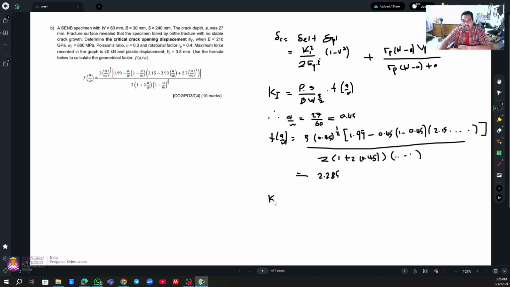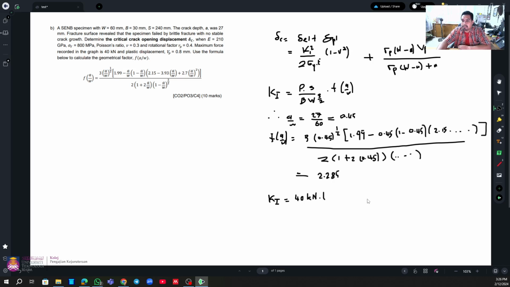Then you calculate the K1 here. We know the P has been given here, it's quite critical, it's 40 kilonewton. I just put the unit here. So P you multiply by the S, which in our case is 240 mm.